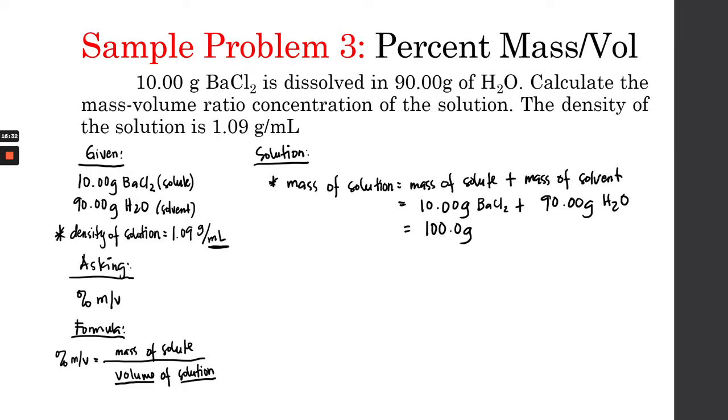What we can do now is use the density of the solution to solve for the volume. So we basically multiply the density to the mass of solution. The mass of solution is 100 grams, and we have to put the grams below because we are canceling grams, and what we need is milliliters.